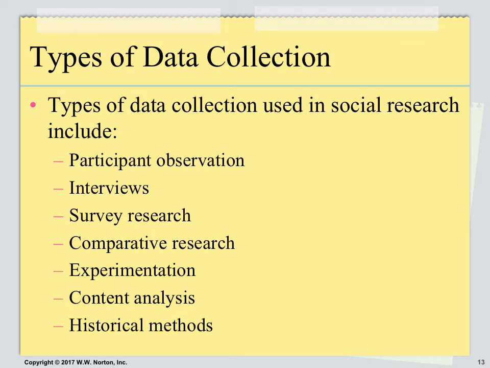Okay? So comparative research, this is also very important. Comparative research is also done in history, as well as historical methods, of course, are conducted in the field of history.